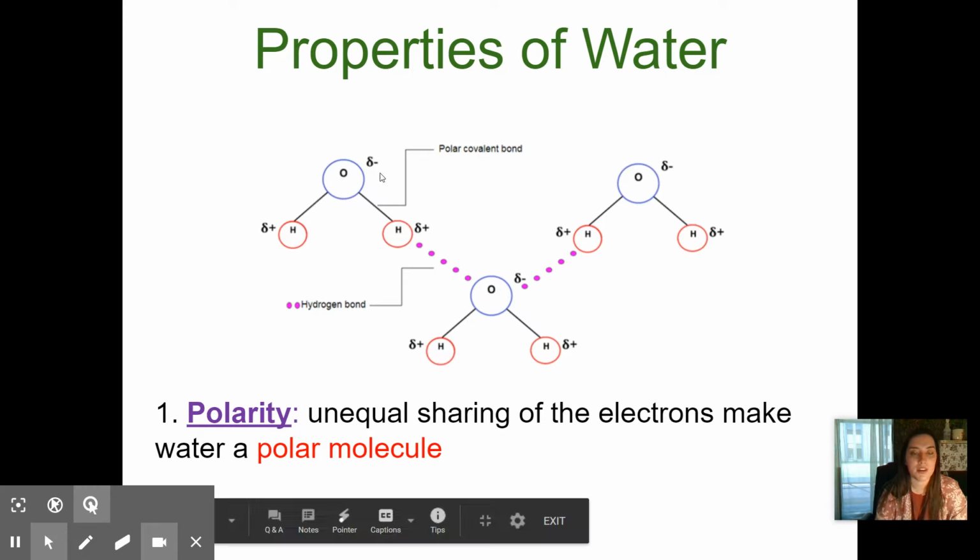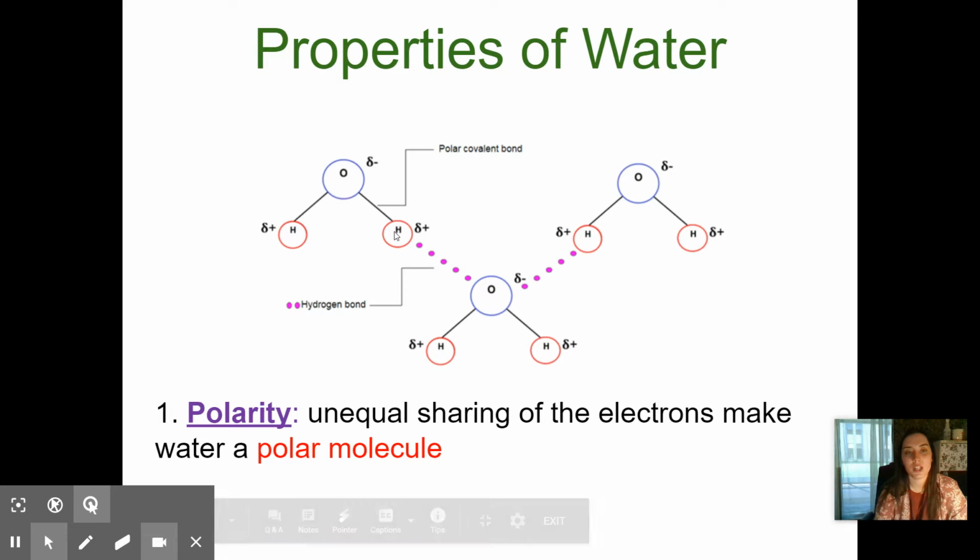If you look at this graphic, this is one water molecule. And we have an oxygen and 2 hydrogens. And oxygen is very electronegative. If you remember what we said electronegativity is, oxygen is very, very electronegative, and therefore it holds on to electrons more so than the hydrogen does within these bonds.